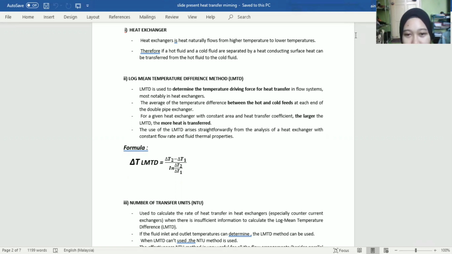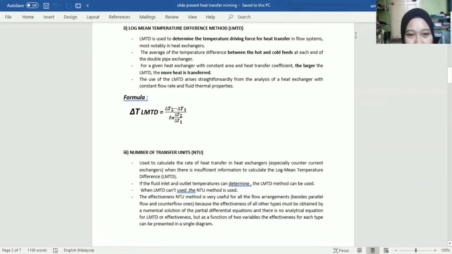For a given heat exchanger with constant area and heat transfer coefficient, the larger the LMTD, the more heat is transferred. The use of LMTD arises straightforwardly from the analysis of a heat exchanger with constant flow rate and thermal properties. Okay, ini adalah formula untuk LMTD.